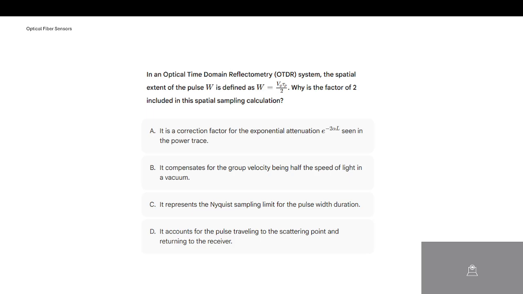Yeah, you are correct. So the back signal is moving, returning to the receiver, and that's why it is taking time. So option D is correct.